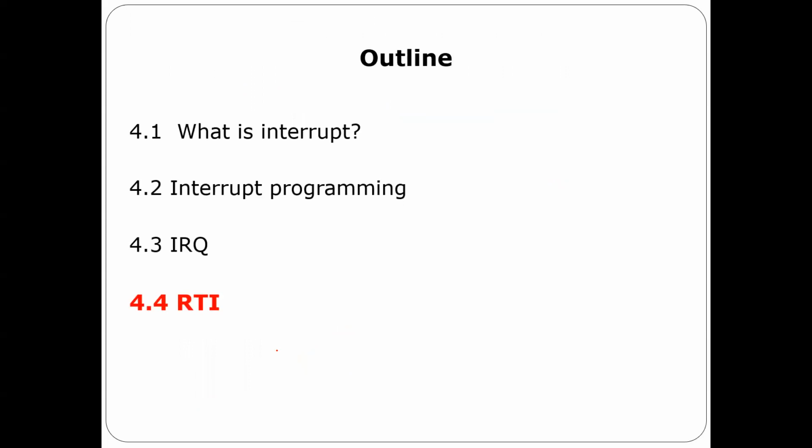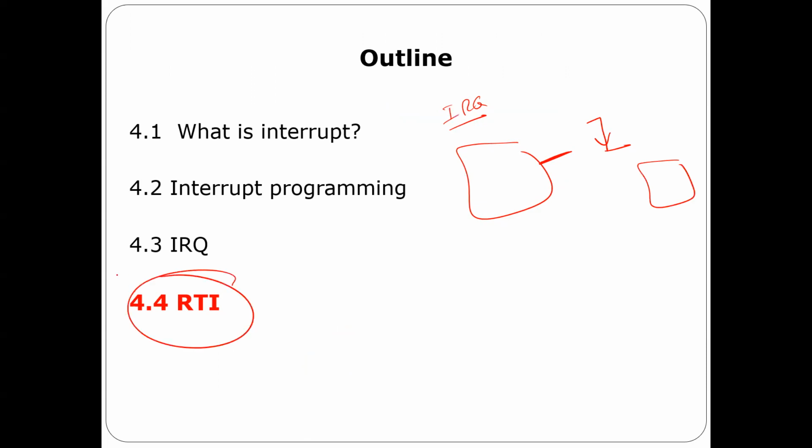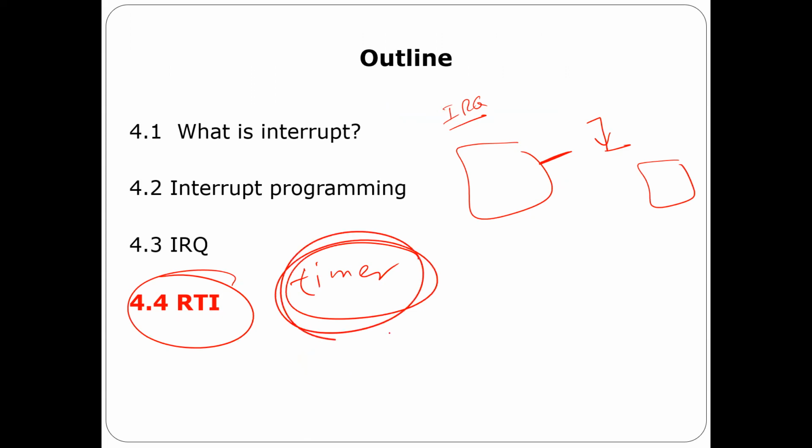So anyway, first of all, tell me what is RTI? I'm going to tell you what RTI is. But remember, guys, in the case of IRQ, I have an external pin. Every time there is a falling edge, you are going to trigger an interrupt. That's it. RTI is different. RTI actually is a timer.